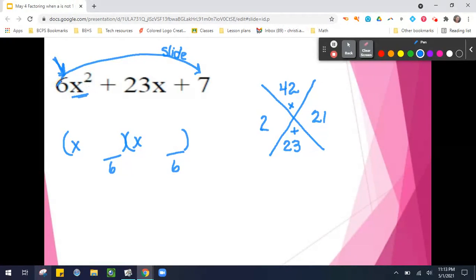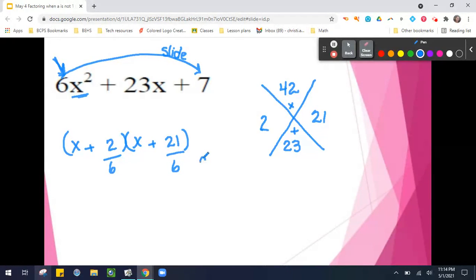We don't have to worry about the 6 because we slid it over there, and now we're going to divide by it. So don't get concerned with the 6 since you already used it to slide. The 2 numbers I got were 2 and 21. They were both positive. So I've completed the first step, which is slide.